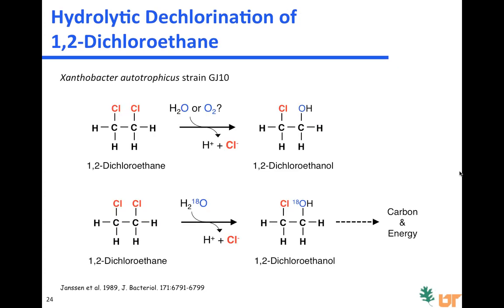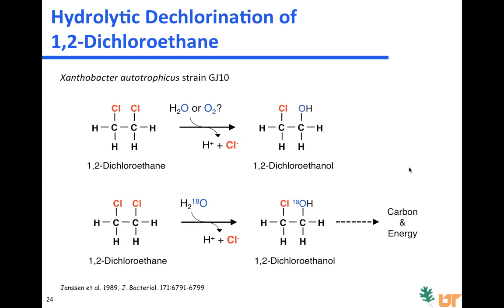Then an example for hydrolytic dechlorination. In this case, hydrolytic dechlorination of 1,2-dichloroethane. Several organisms can do this. The best studied organism is Xanthobacter. So you have 1,2-dichloroethane, and the product you can find is 2-chloroethanol, which the organism degrades further to CO2. So you see the chlorine is removed, replaced with a hydroxyl group.